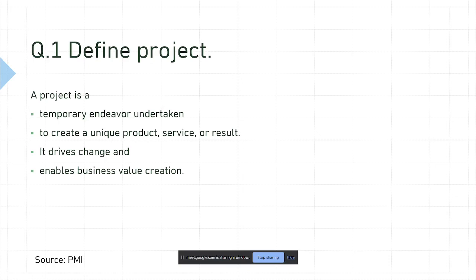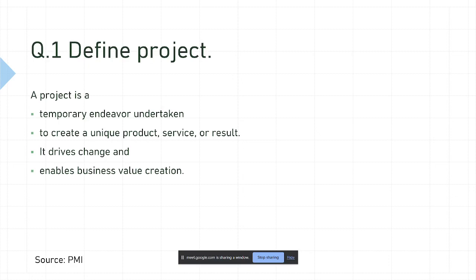First point, temporary endeavor. Why are we calling it a temporary endeavor? Like we discussed, it has to start and end. These four points, does anybody have a problem with this definition? Sir, the last point, enables business value creation. Must a project always create business after completion?